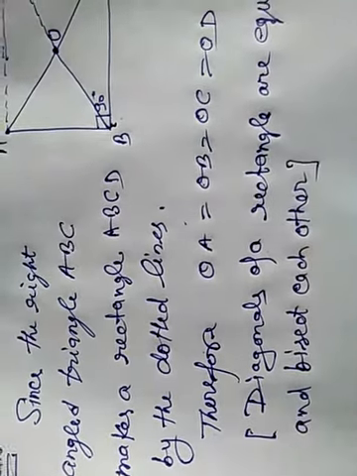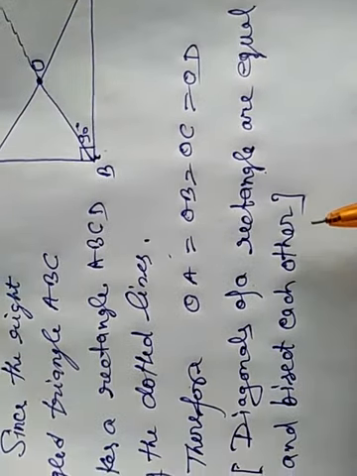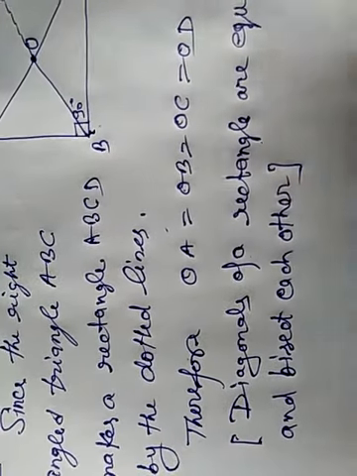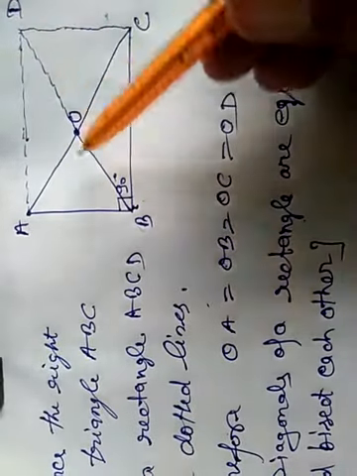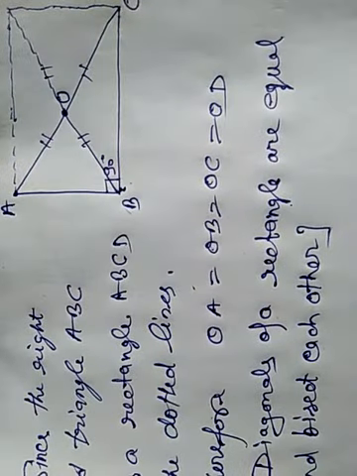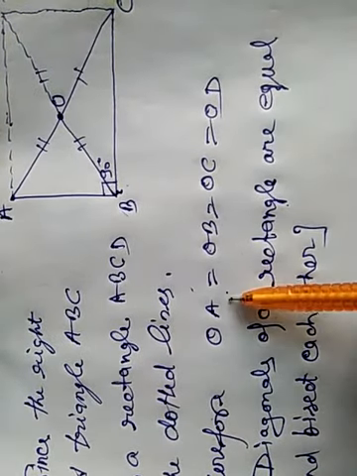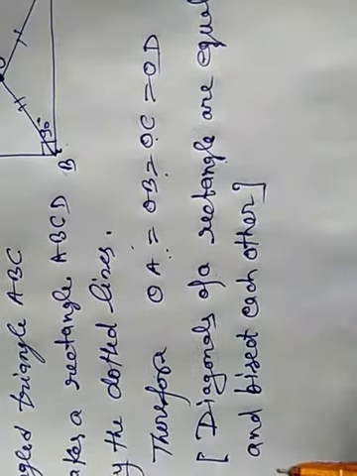In a rectangle जो हमारे डायगोनल्स होते हैं, वो एक दूसरे को बाइसेक्ट करते हैं और पार्ट्स इक्वल होते हैं. सो यही लिखा हमने कि OA equals to OB equals OC equals to OD. क्लियर बेटा?